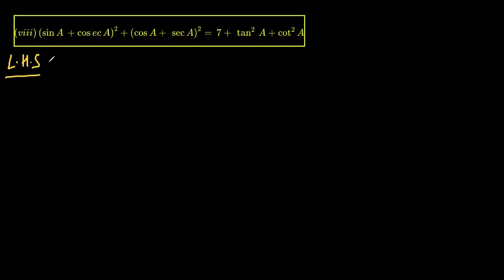Sine a plus cosec a whole square means a square, which is sine square a, plus b square, which is cosec square a, plus 2 sine a cosec a. This is the expansion of the first a plus b whole square.